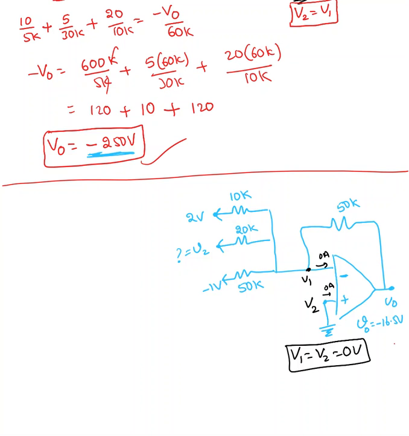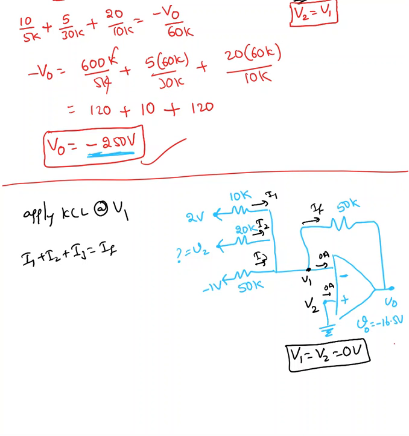Now apply KCL at V1 to find V2. Okay, apply KCL at V1. So I'm assuming every current is going in. I'm going to take this as I1, I2, I3, and this current as IF. IF is feedback current. Okay, and I1 plus I2 plus I3 equal to IF.